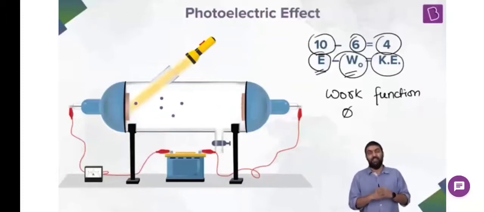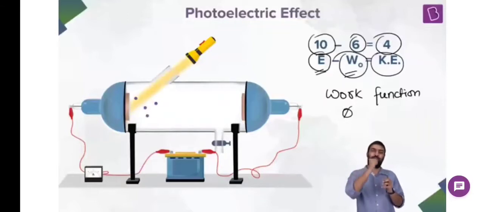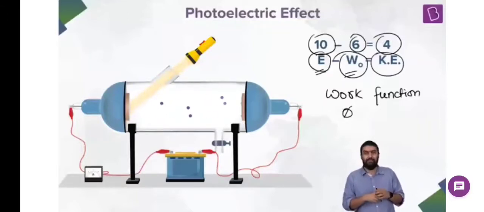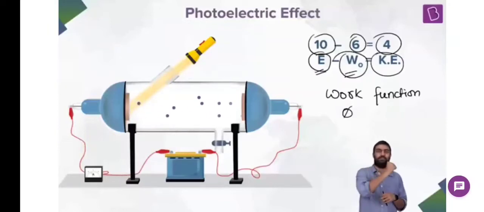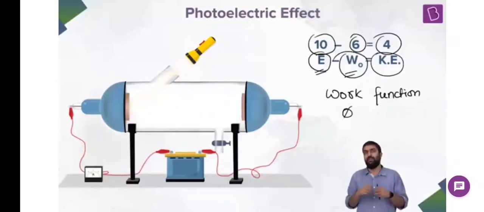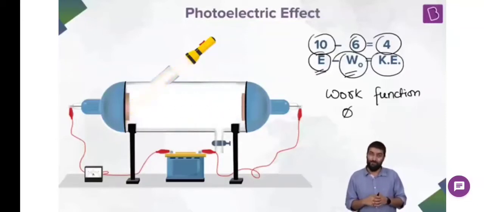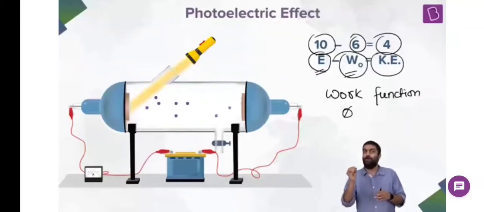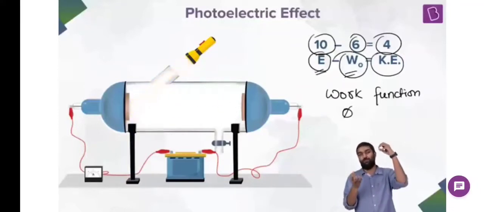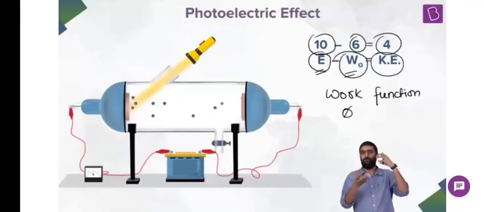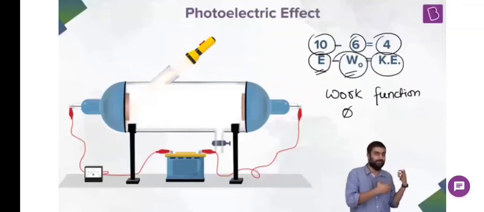Now this electron travels to the other side. I'm coming to the battery logic. This electron travels to the other side and thus completes the circuit, and therefore we get a current reading. We have read about photons in the last class.